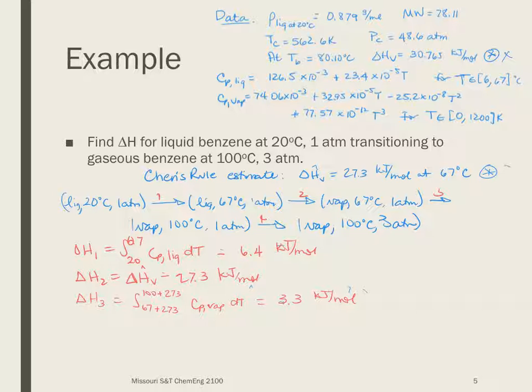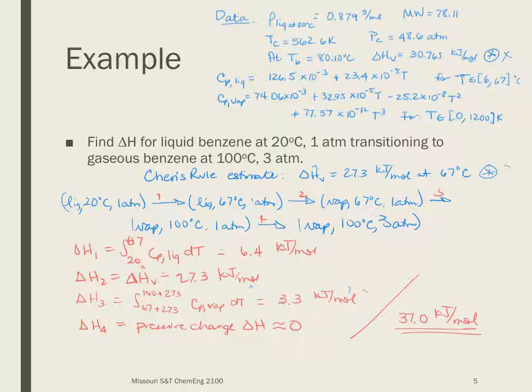And then my final step is just the pressure change, and for gases, this is going to be essentially 0. And so my total delta H is the sum of these, so 37.0 kilojoules per mole.